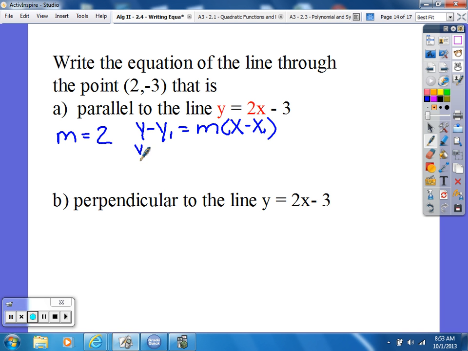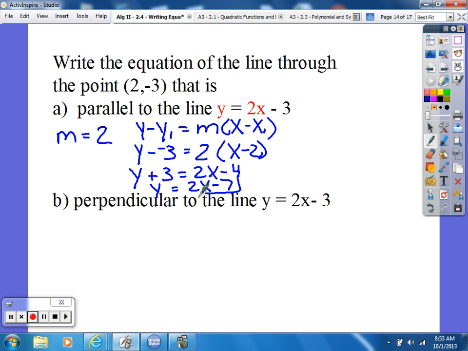So y minus negative 3 equals 2 times x minus 2. So y plus 3 equals 2x minus 4, so y equals 2x minus 7. Raise your hand if you got that. Good. All right, go ahead and write down letter B.